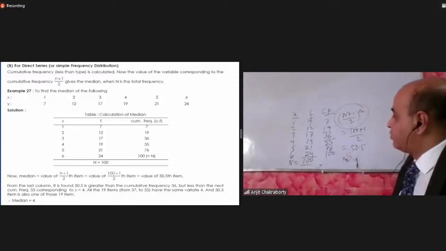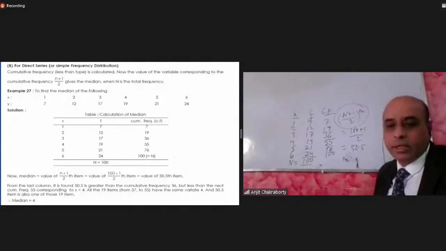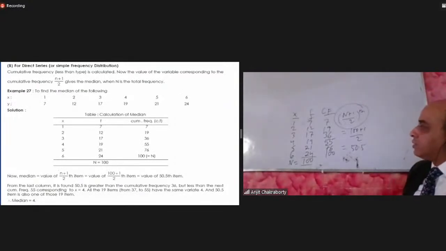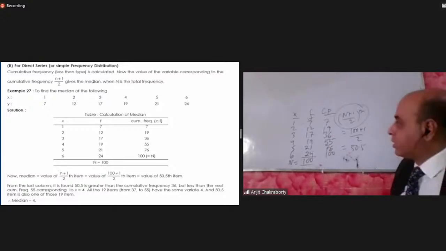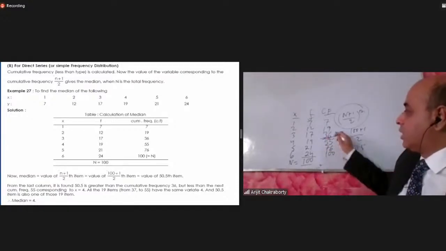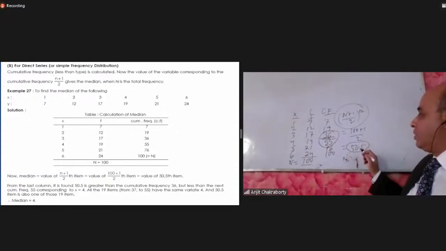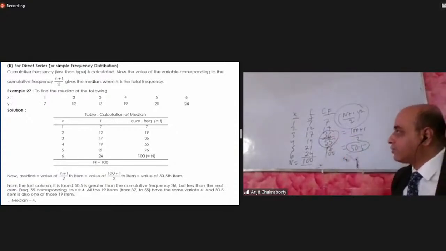So here we can see 50.5 means we can take it like this, from 37 to 55, in terms of the cumulative frequency we have got. So 50.5 is greater than the cumulative frequency of 36, but less than 55. So 50.5 will be somewhere between 36 and 55.